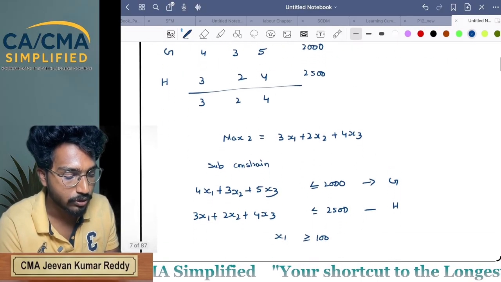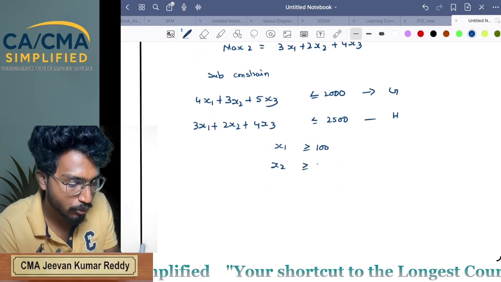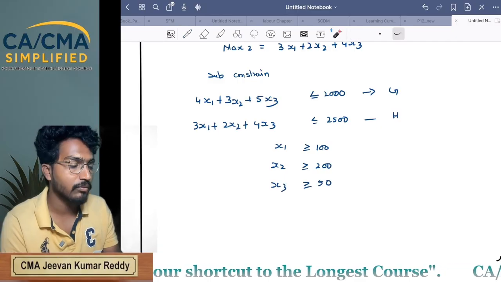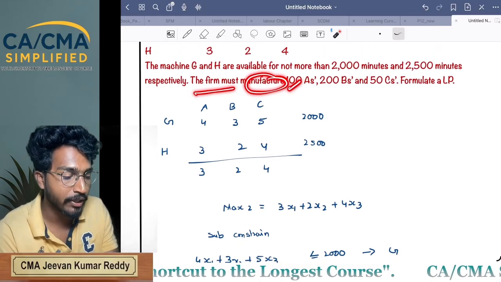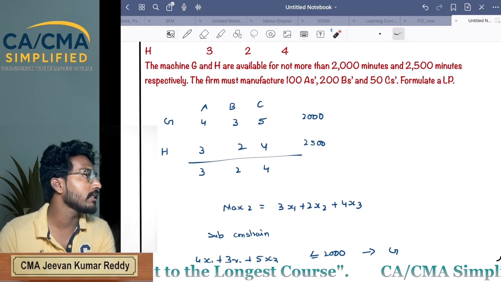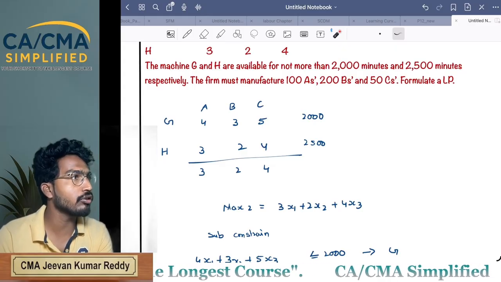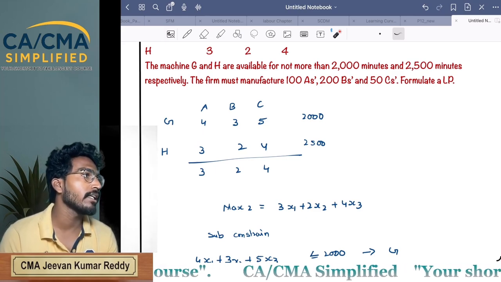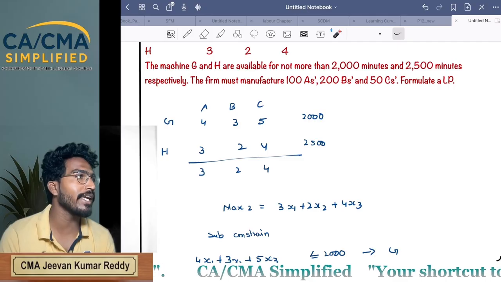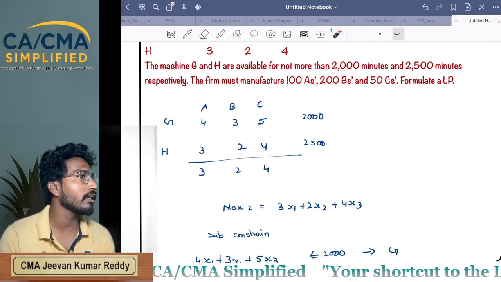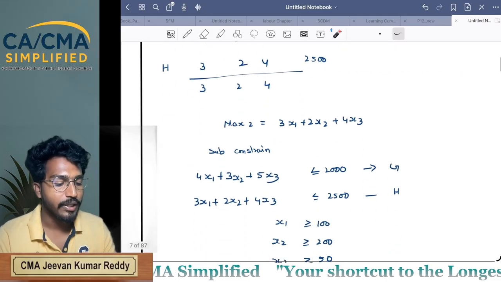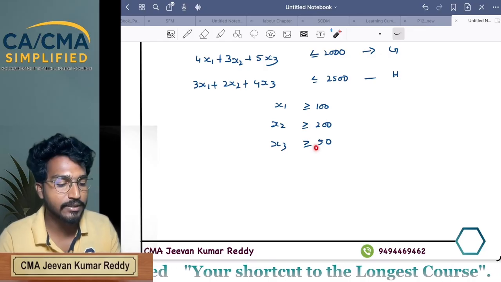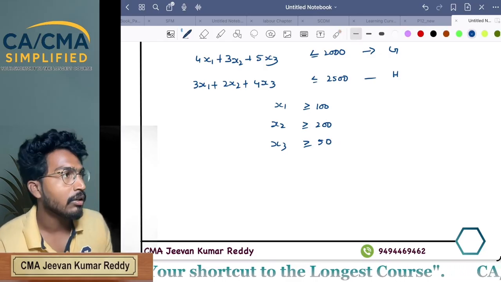Next, x2 greater than or equal to 200, and x3 greater than or equal to 500. The firm must manufacture at least 100, 200, 500 units of A, B, C. We already took units of A as x1, units of B as x2, and units of C as x3. So x1 must be greater than or equal to 100, x2 greater than or equal to 200, x3 greater than or equal to 500.